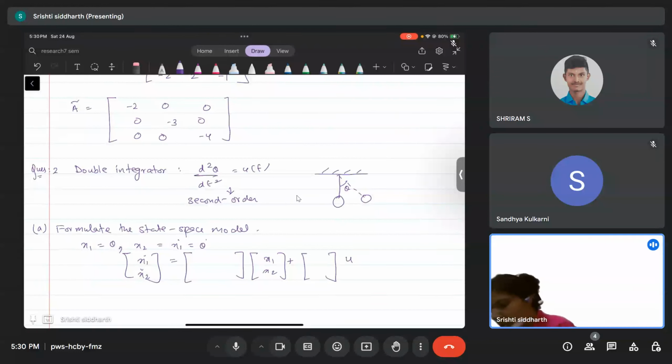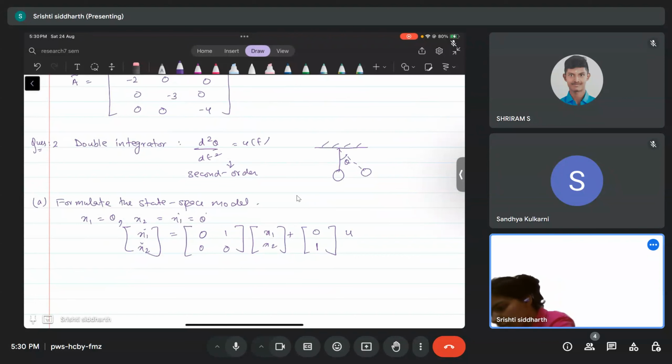So x2 dot is simply u, and x1 dot is x2.